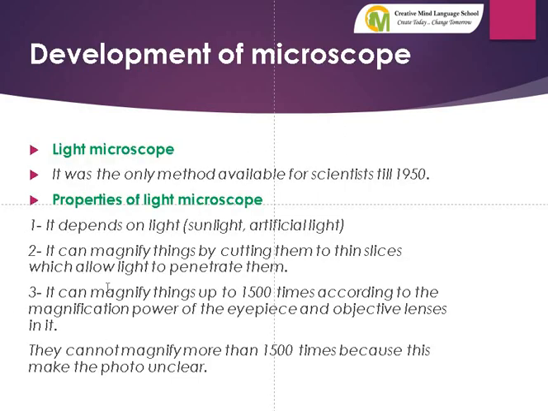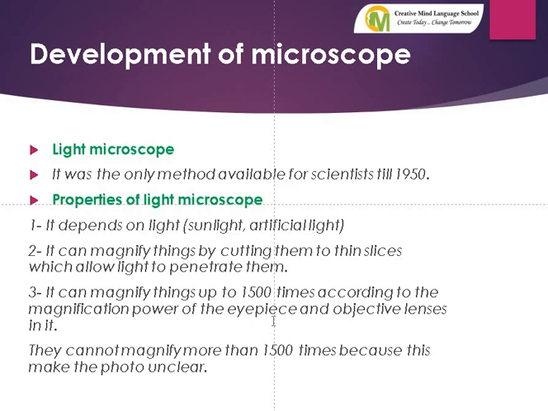Number 11. Light microscope. What are the properties of the light microscope? It was the only method available for scientists till 1950. It depends on light, sunlight and artificial light. It can magnify things by cutting them into thin slices which allow light to penetrate them.